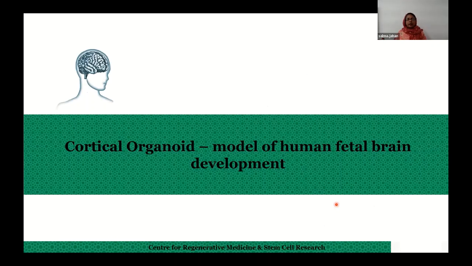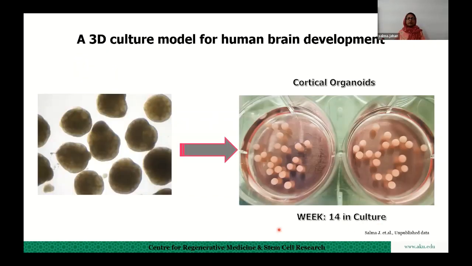So the cortical organoids, as I said earlier, represent one of the brain regions. The cortex comprises two lobes and a cortical region that consists of multiple layers. Organoids in the dish are now a few millimeters in size. This is the early stage, where you see all these rosette formations, which is a sign that they are going in the right direction.